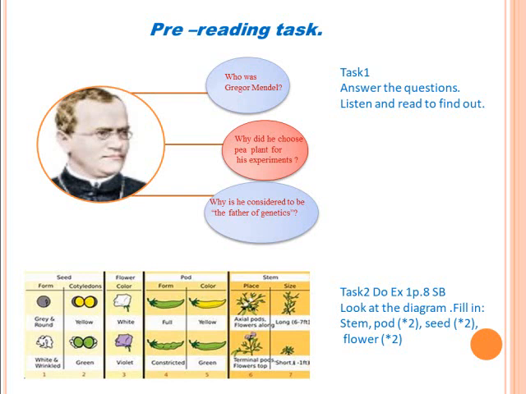Now let's do task 1. There are given questions. Try to give your own answers to these questions. Who was Gregor Mendel? Why did he choose pea plant for his experiments?